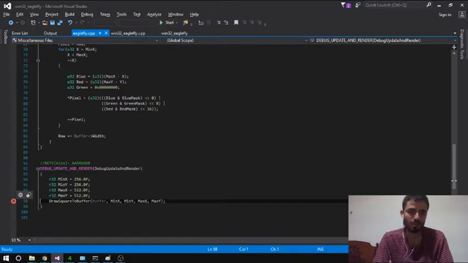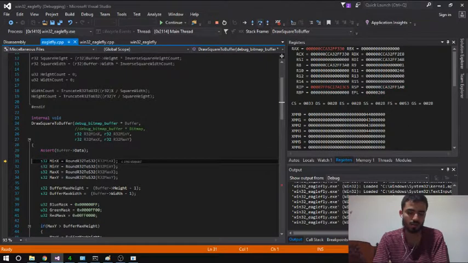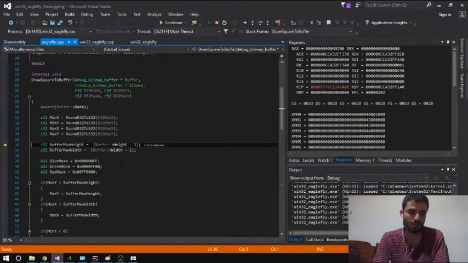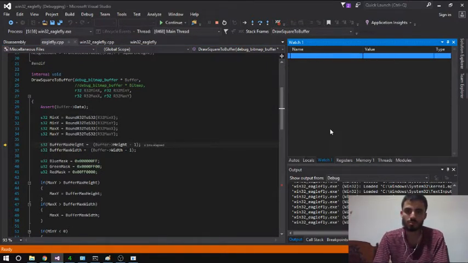So if I step onto there, okay, and I say 256, 256, 512, 512. And we have a buffer height. Oh, 540.